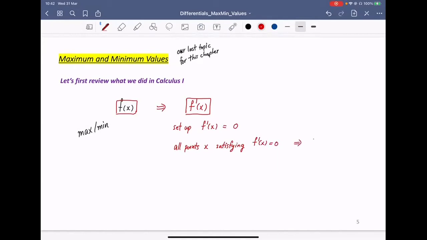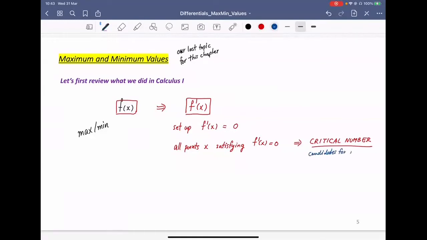This is going to be called the critical number, if you remember. The critical numbers are going to be your candidates for maximum and minimum, right?